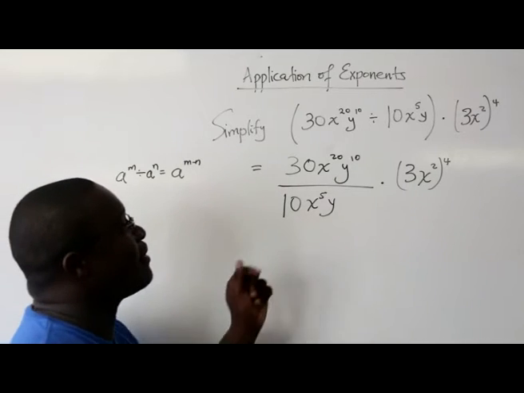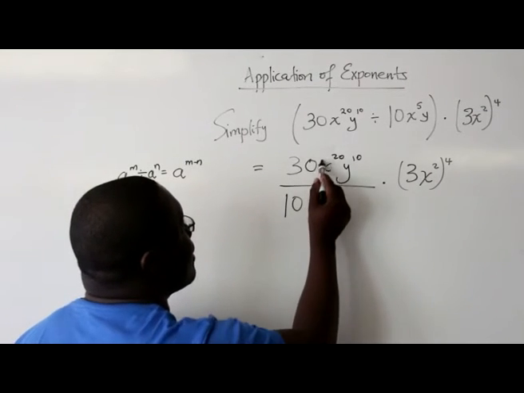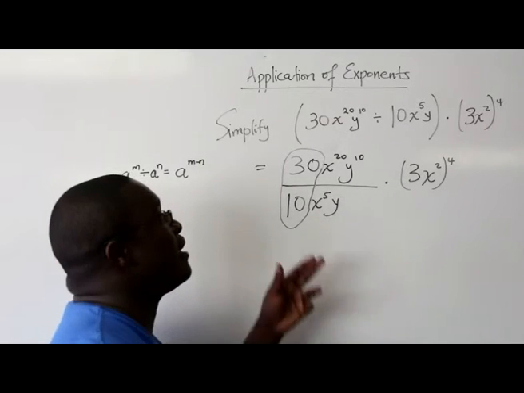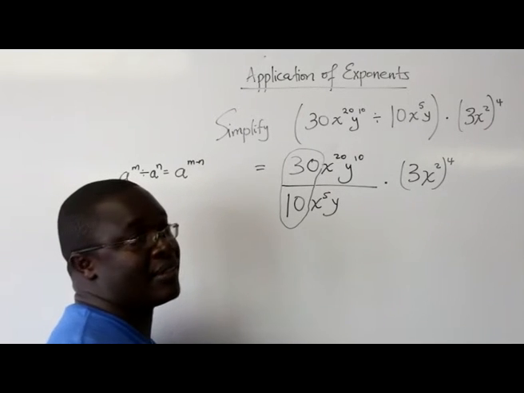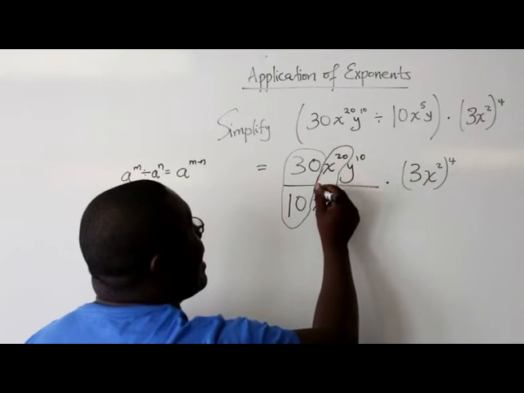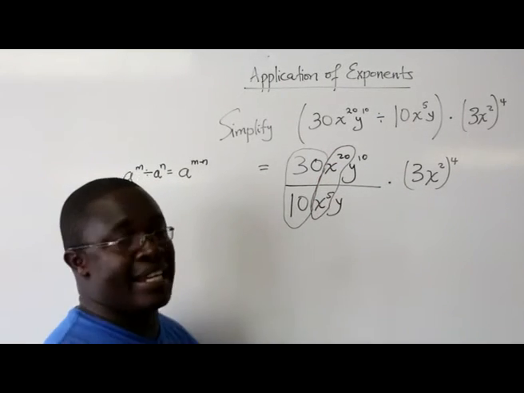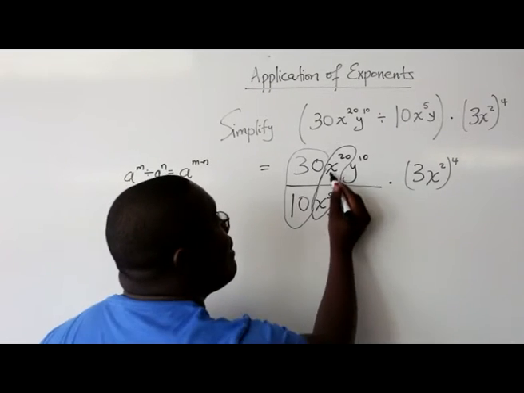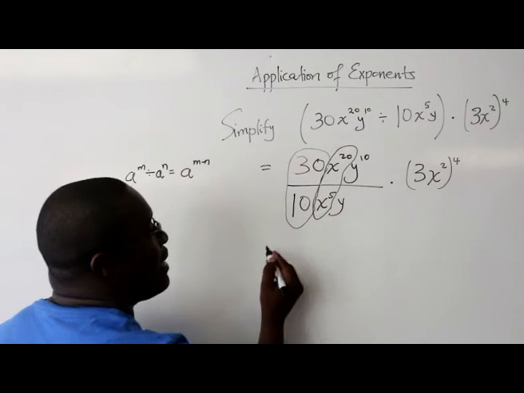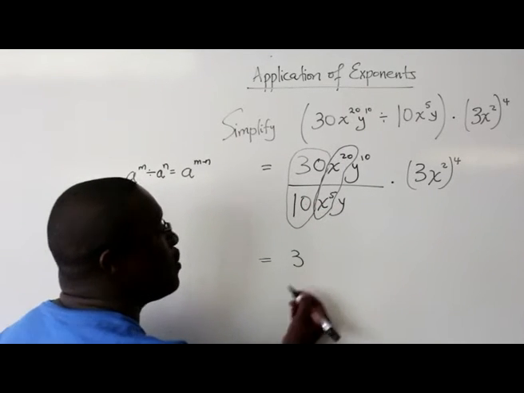So in this case, the coefficients can divide because they are both real numbers. Then, if you look at the x's, they can divide also because they've got the same base, right? So, 30 divided by 10 will give you 3.